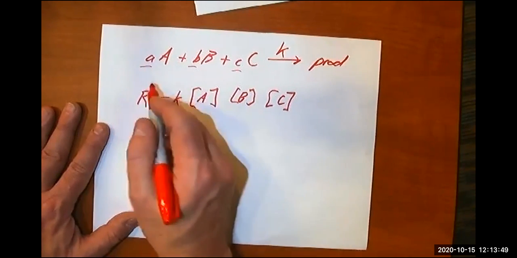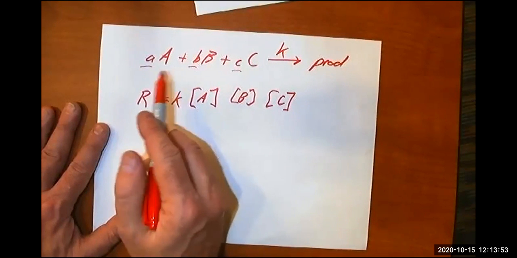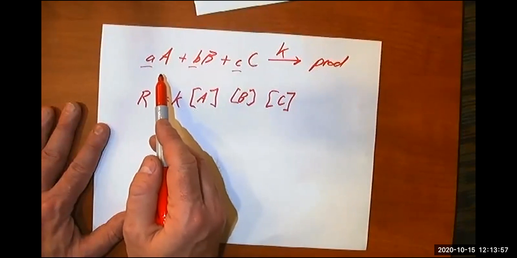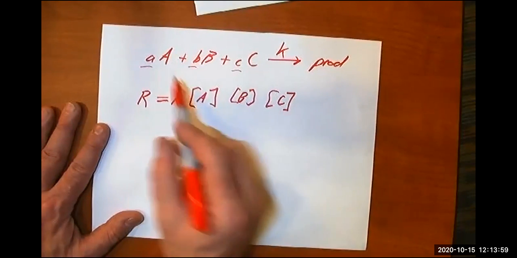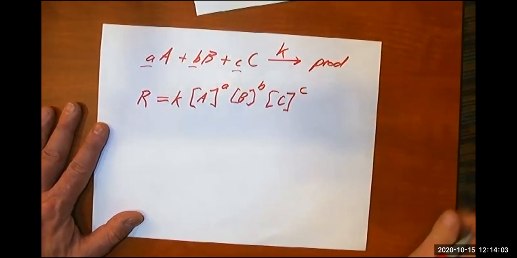So the basic idea is that if this is an elementary reaction, which means that it's referring to a single collision amongst all these things, then you just put the stoichiometric coefficients up as the reaction orders.